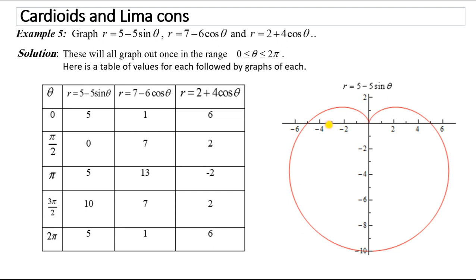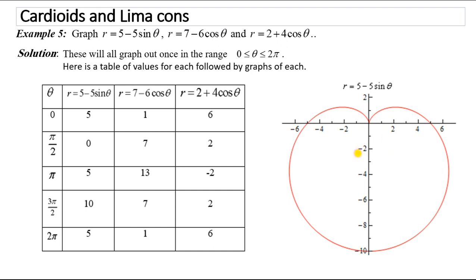If theta is pi, r is 5. If theta is 3 pi over 2, r is 10. If theta is 2 pi, r is 5. I connect between these points with a shape that is a heart. This is the equation of a heart through the origin and without inner loop.